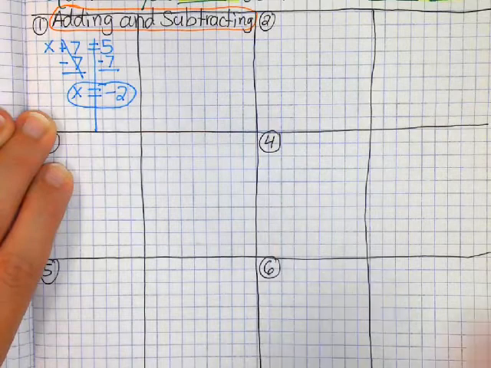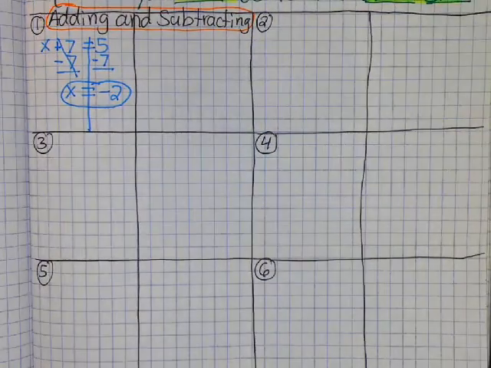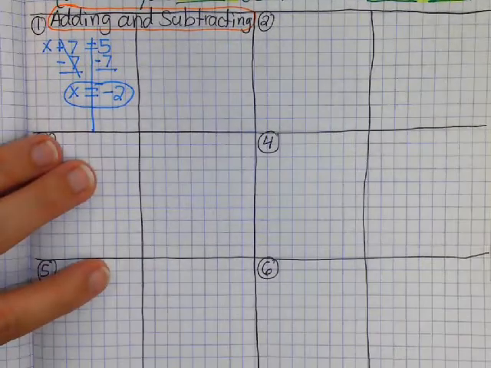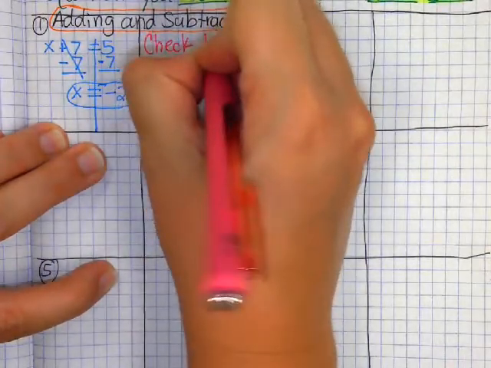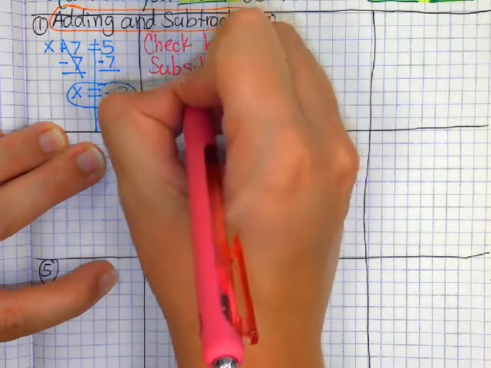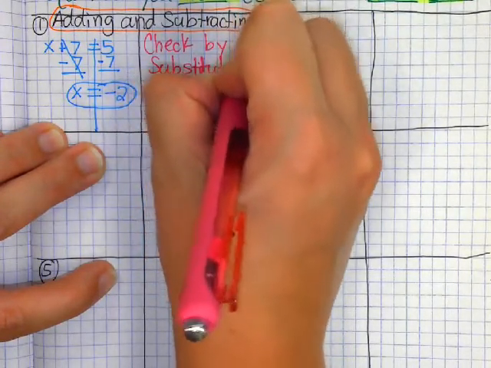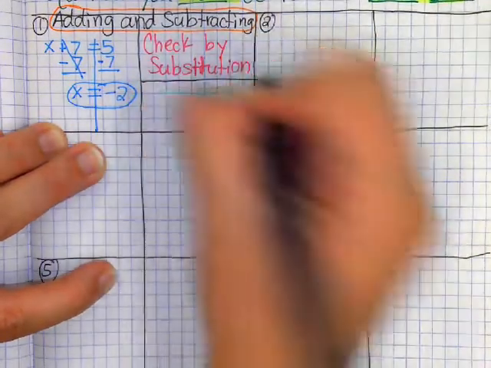But on this other side, we are going to check by substitution. Okay? So let me write that down. Check by substitution. Okay, when I check by substitution, remember how to substitute.